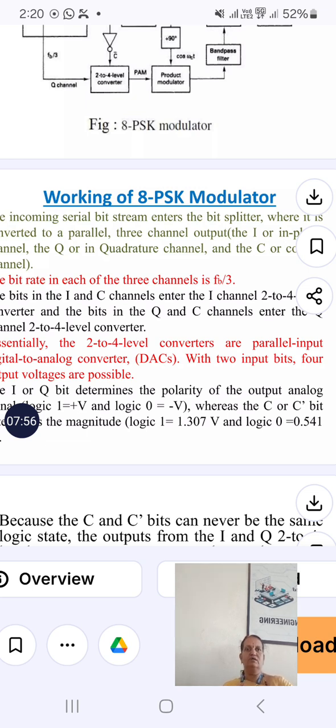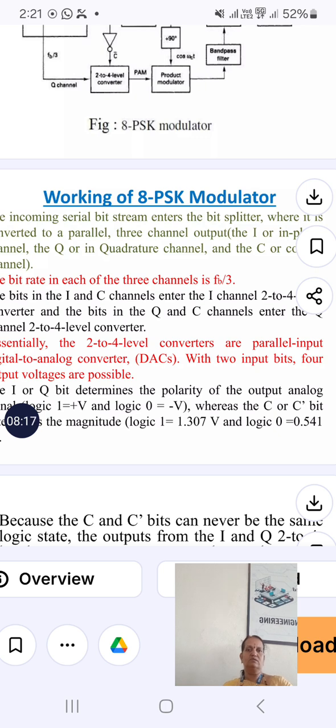Q will have a direct digital to analog conversion. I will have the in-phase component. Q will have the inverted version of that, and the output of this is given to the pulse amplitude modulator or product modulator circuit.